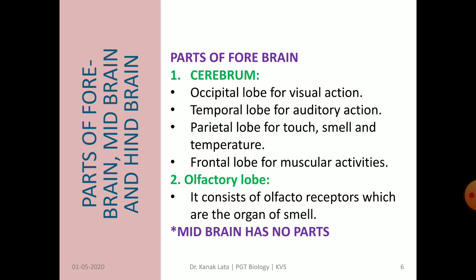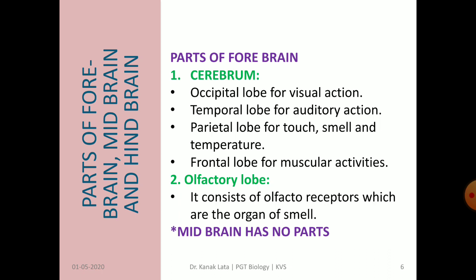These different lobes are occipital lobe for visual action, temporal lobe for auditory action, parietal lobe for touch, smell and temperature, frontal lobe for muscular action, and second part of forebrain is olfactory lobe. That consists of olfactoreceptors that contain organ of smell.